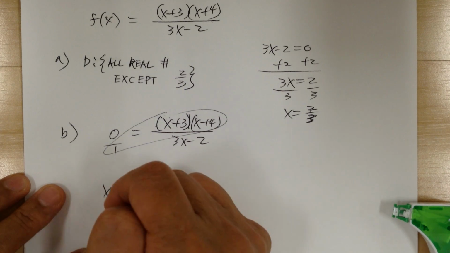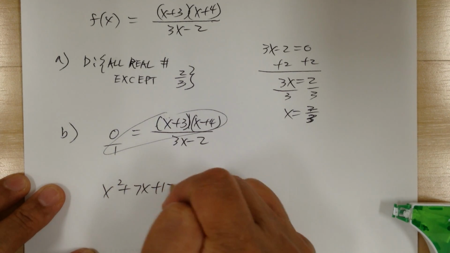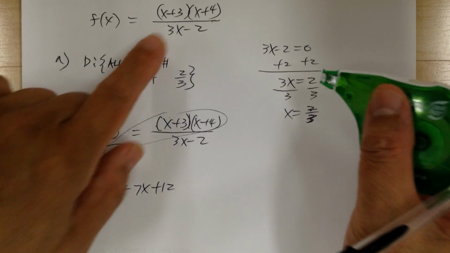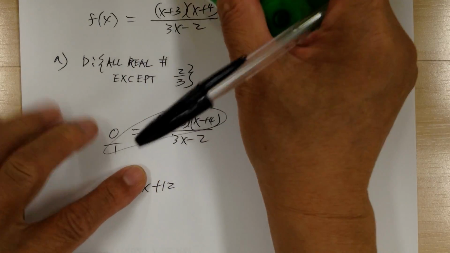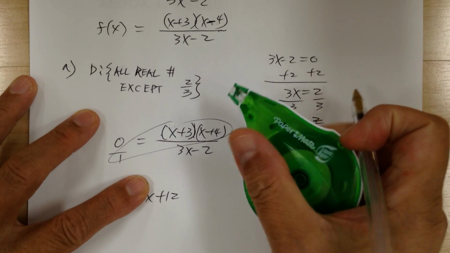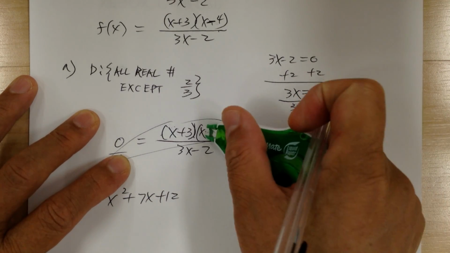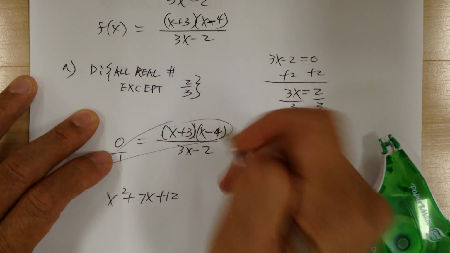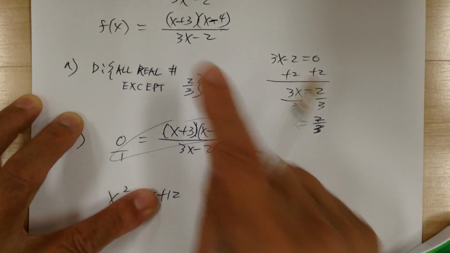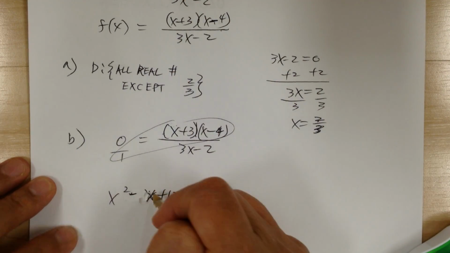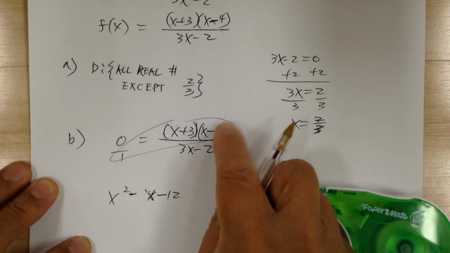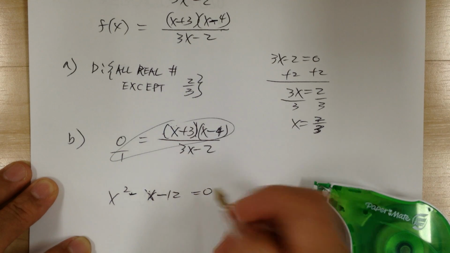So this will give you x squared plus 7x plus 12, minus 4. Okay, you should get back what you have originally. So minus x minus 12. So cross multiply, you get this equal to 0.